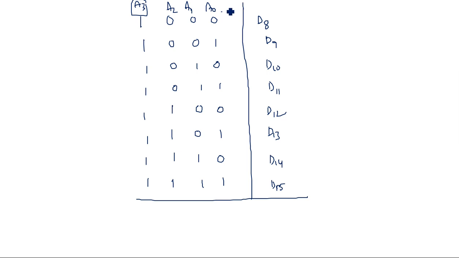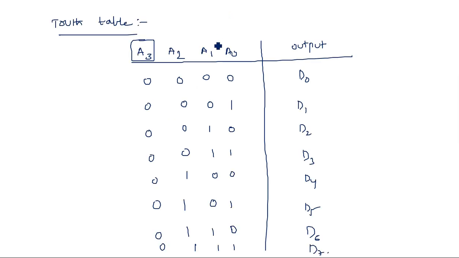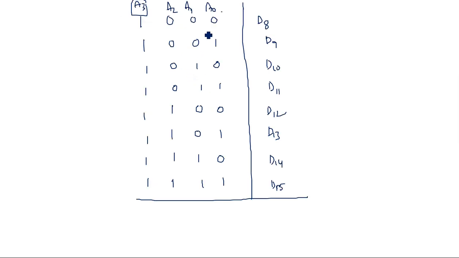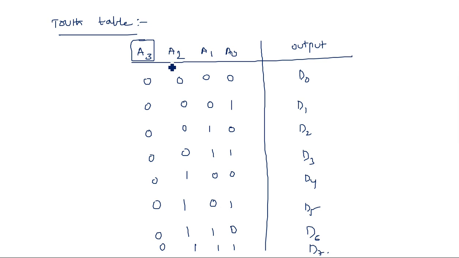What I am saying is, we are taking two 3 to 8 decoders: one is activated when enable is equal to 0, and the other has to be activated when enable is equal to 1. Like that we are going to give.